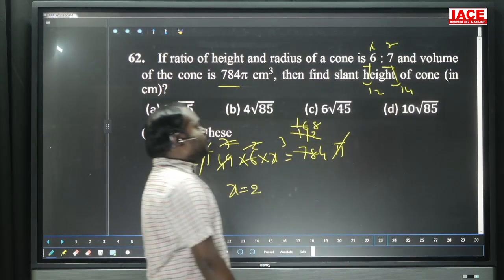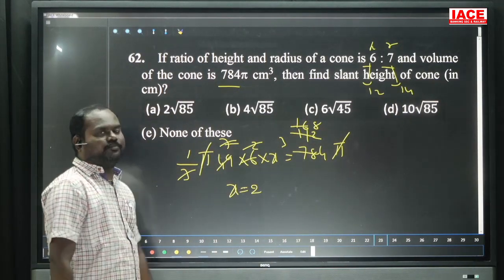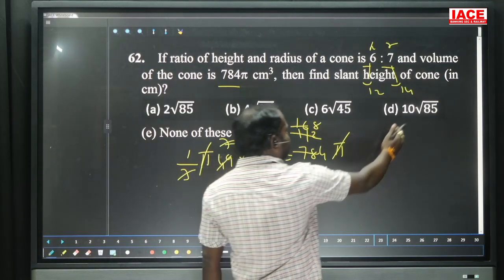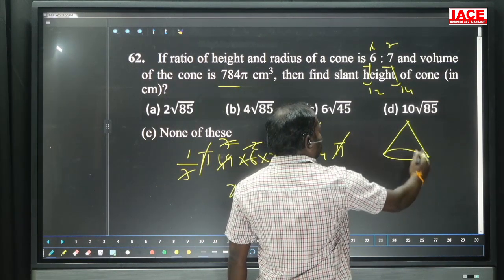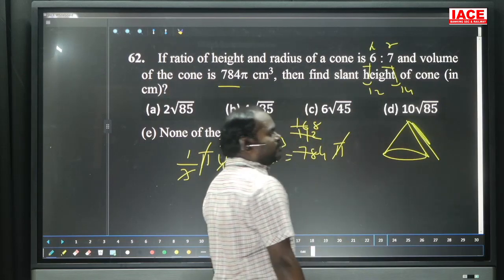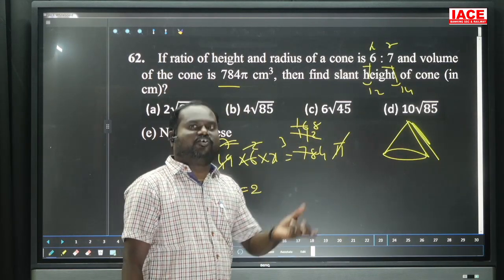But the question is asking what the slant height is. In a cone, as we already learned in the regular class, it is called the slant height, which is nothing but the hypotenuse of the right angle triangle.